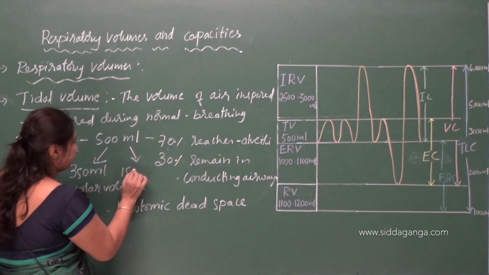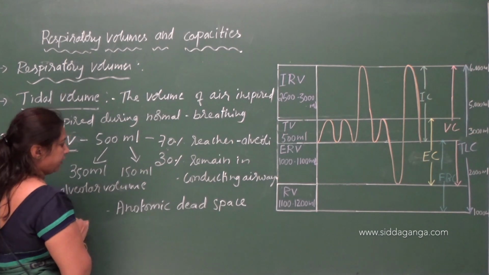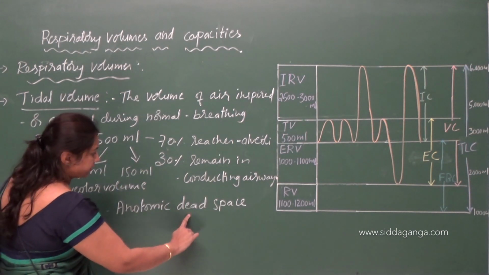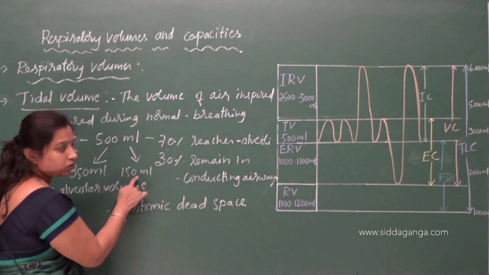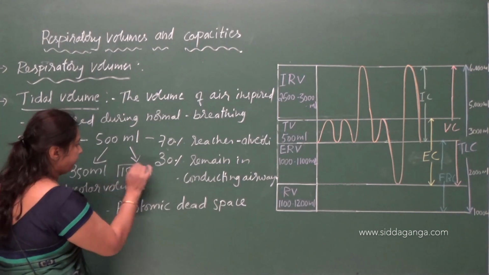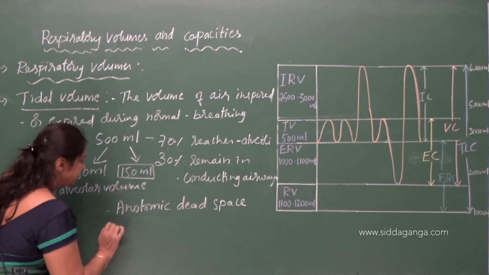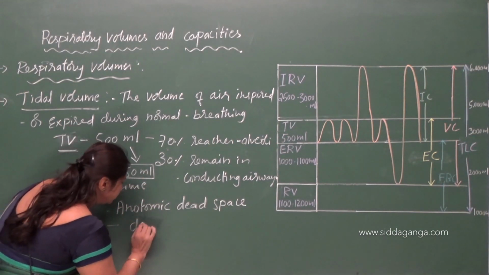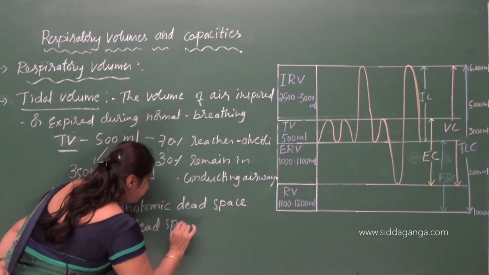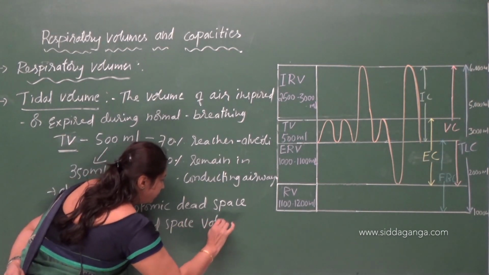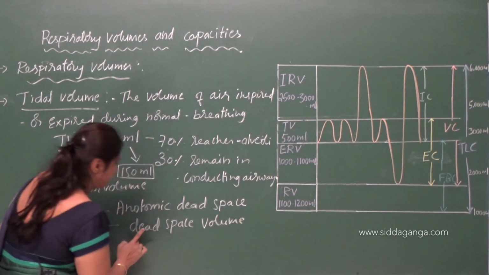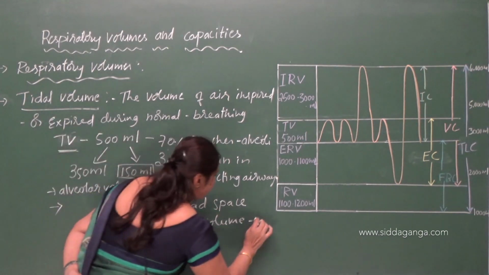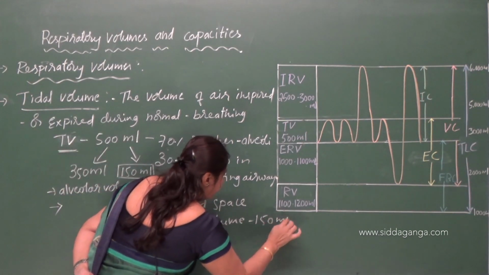That is 150 ml. How much volume of air is present in the anatomic dead space? It is 150 ml. This is called the dead space volume. So what is the dead space volume? The dead space volume is 150 ml.